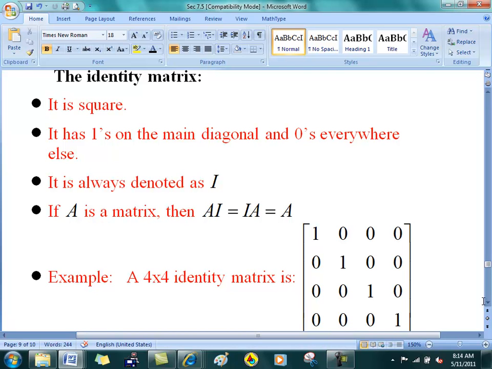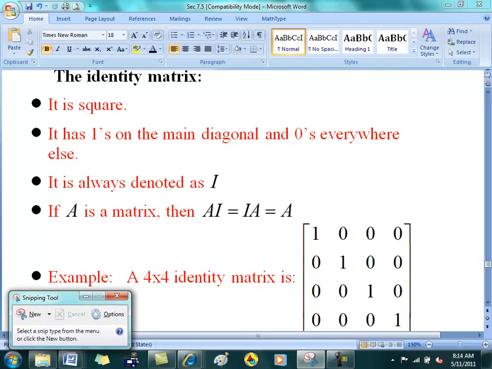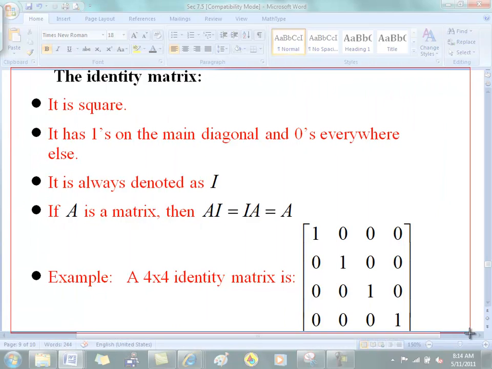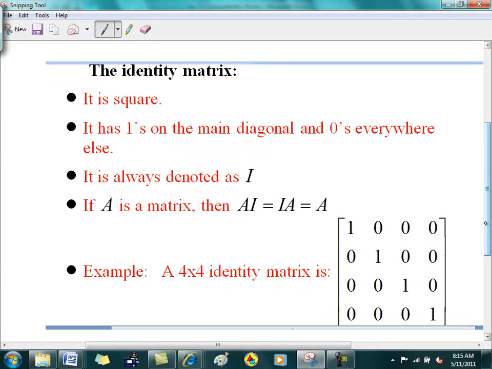It's got 1s on the main diagonal. So what I mean by that is that this is the main diagonal here. It's got 1s on it, and everywhere else it's a 0.